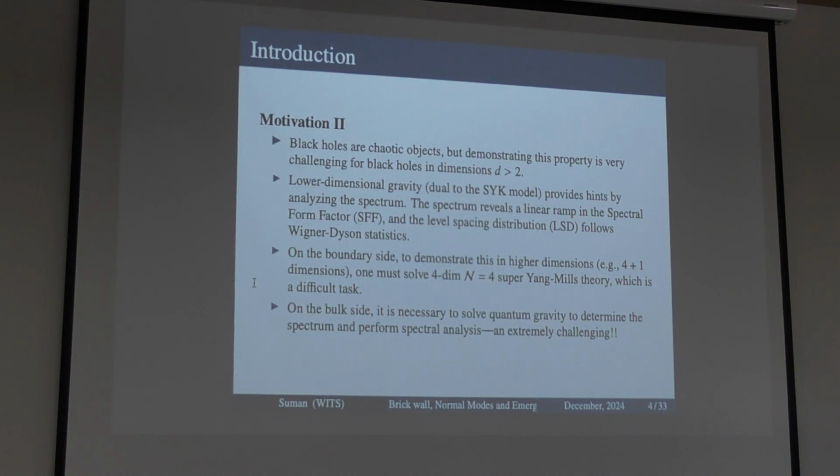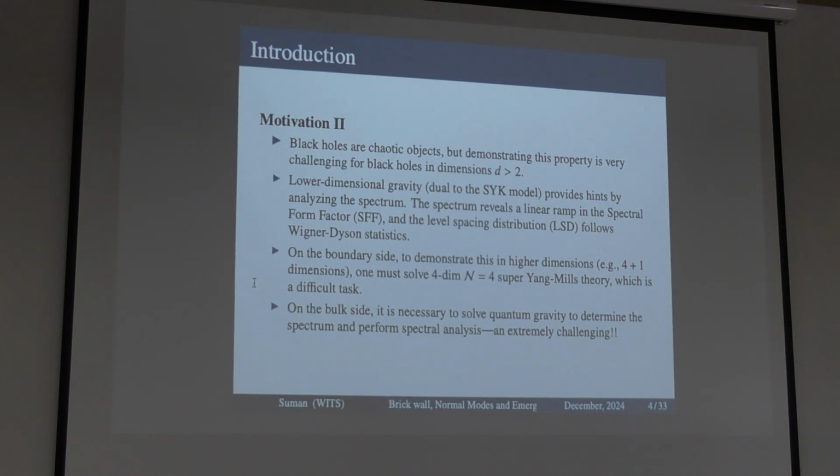There are other motivations, like black holes are chaotic objects, but to show this for d greater than 2 is very difficult, because in d equal to 2, the JT gravity is dual to the SYK model, and we can compute the spectrum of the SYK model and make spectral analysis, and show that the spectrum of the SYK model is chaotic by showing that the spacing distribution is Wigner-Dyson, or maybe by showing that the spectral form factor contains a linear ramp of slope 1 in the log-log plot.